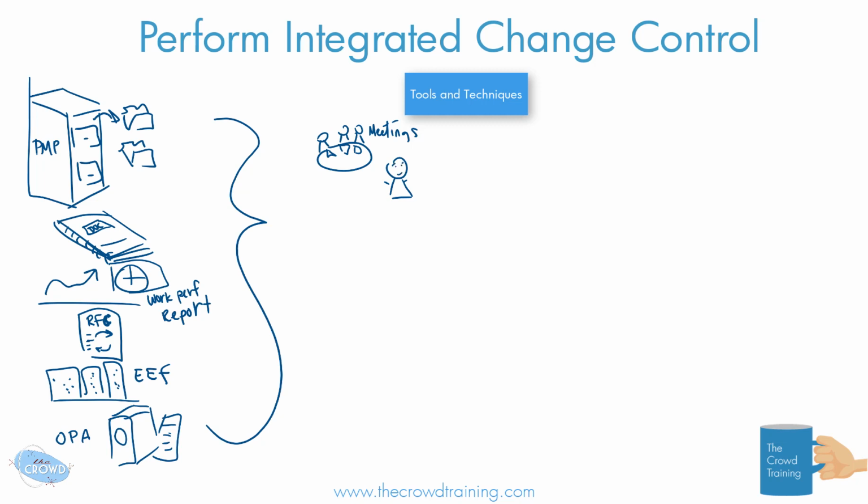If I have somebody who knows the technical part, I'm going to include them. If I know somebody who has done plenty of these in the past, then I'm going to include them as well. But that is generally just referred to as our expert judgment. That judgment can come in many different formats. It's just the things that we know, and it's going to help grease the engine and keep everything running and performing.